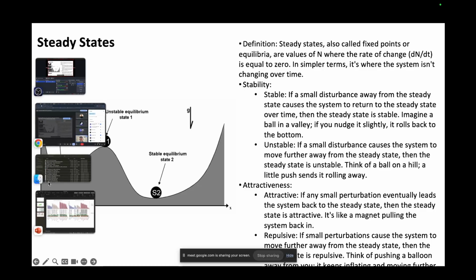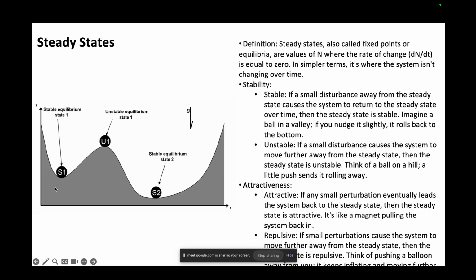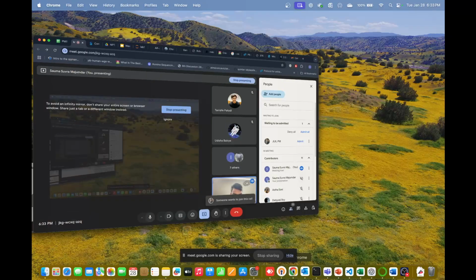Say, for example, in this case, the S1 ball here, if you just push it slightly to the right or to the left, it's most likely going to come back to its own state. So this is a steady state, but it's a stable steady state. If you move the system out of that steady state slightly, it has an attraction to come back to that particular steady state.